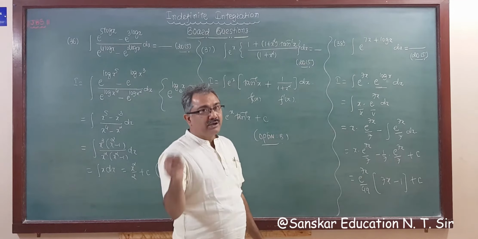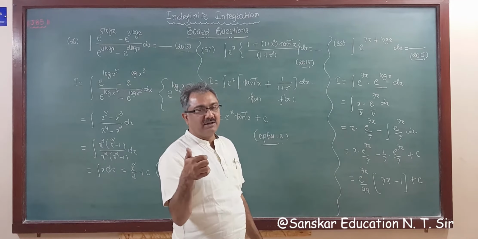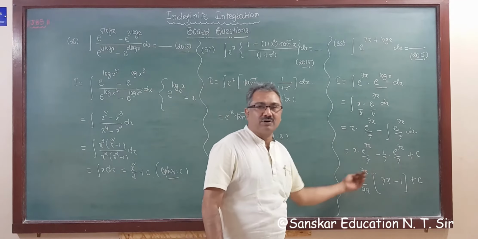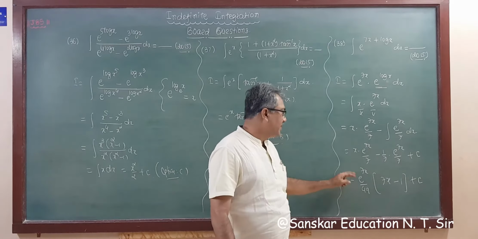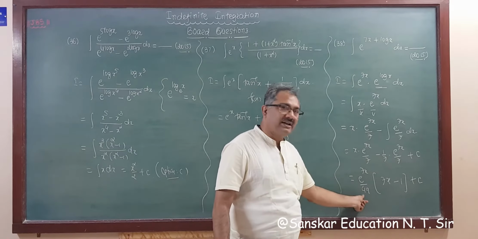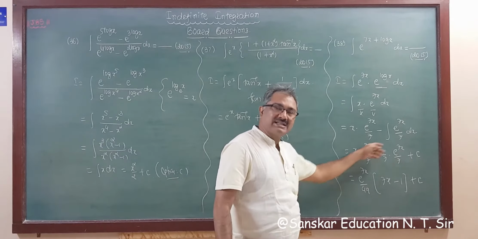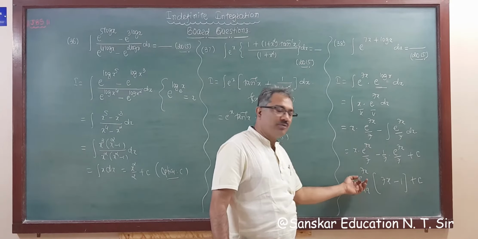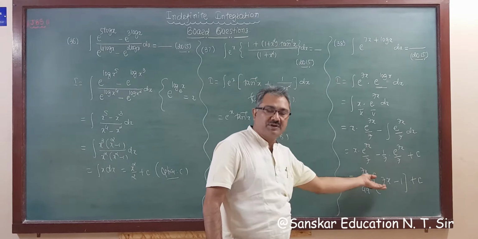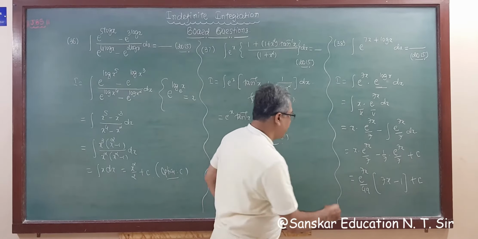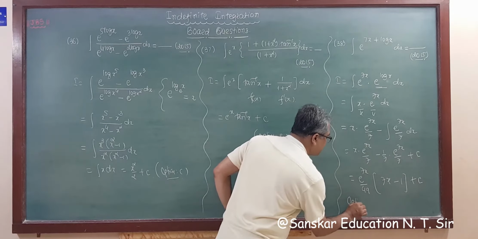So according to the given answer in the options, you have to simplify or adjust your answer. Here they take 49 common, so we divide and multiply by 7. That is, option B is your correct answer.